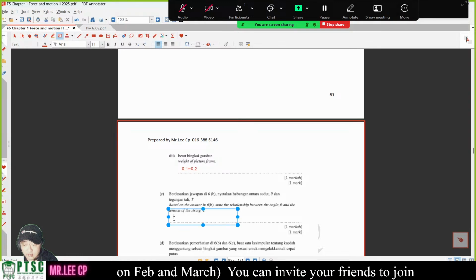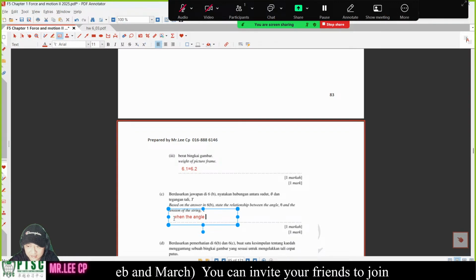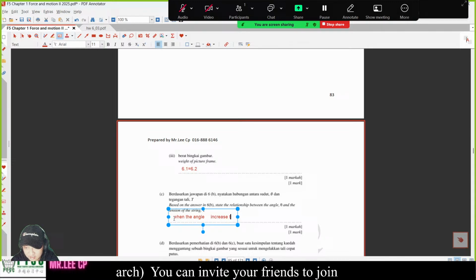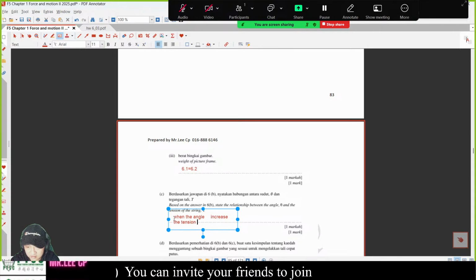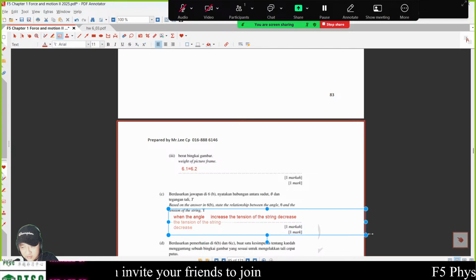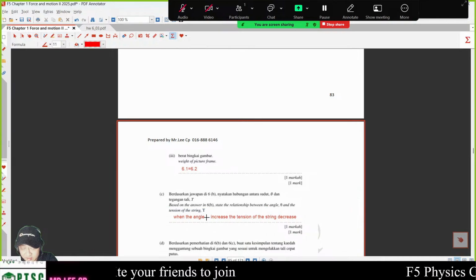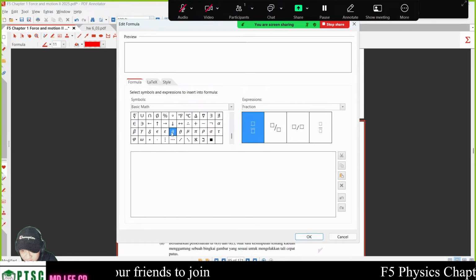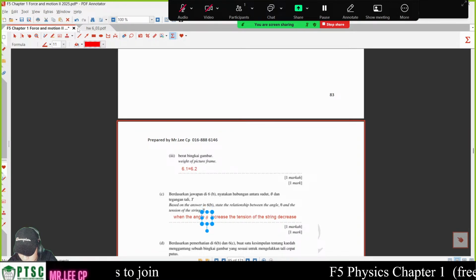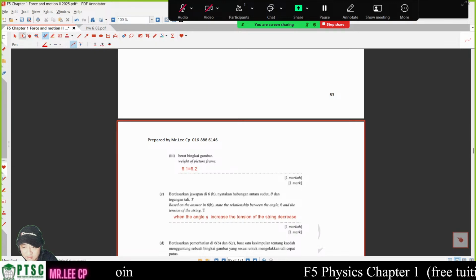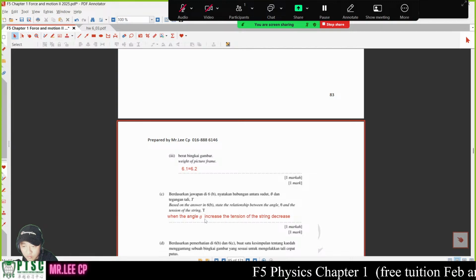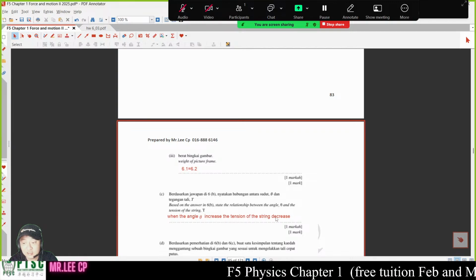When the angle theta increases, the tension of the string decreases or becomes smaller. You should put the comma in. I forgot the comma, but never mind, leave it. When the angle theta increases, the tension of the string decreases.